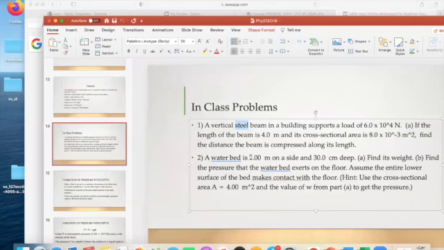What they did give us was area, cross-sectional area, and they gave us the length and the width. So technically we can find the volume of the bed and use that. We know the density of water already, right? So we can use the density of water to find the mass.